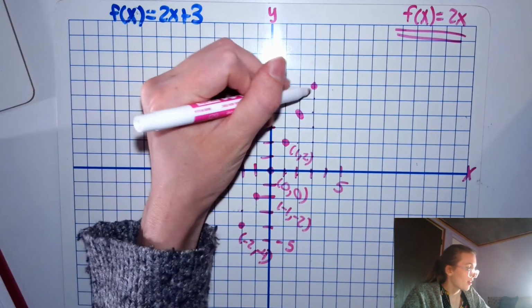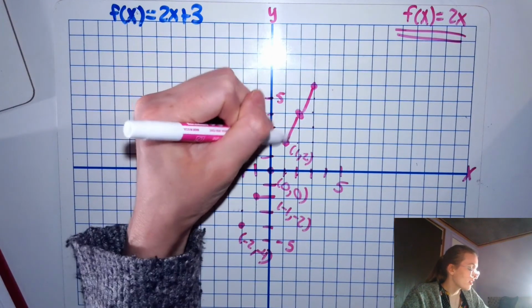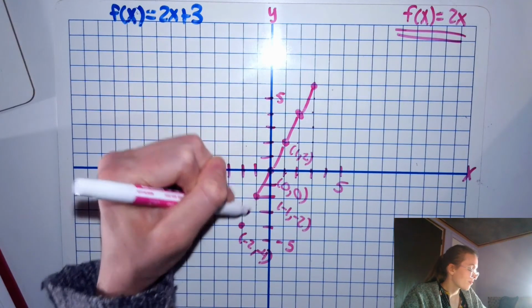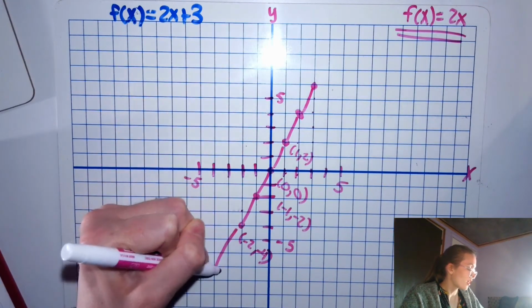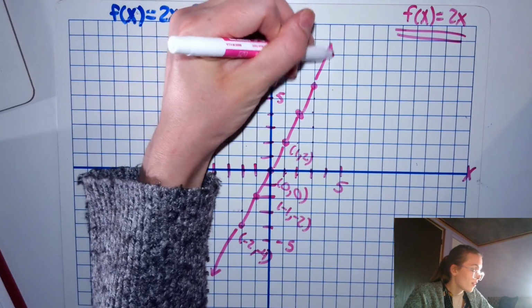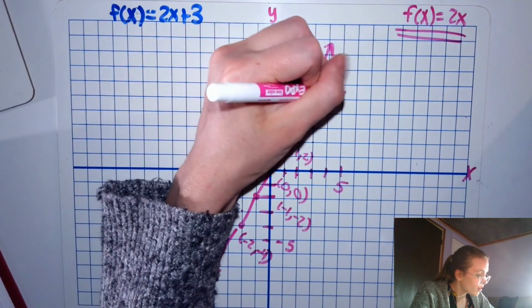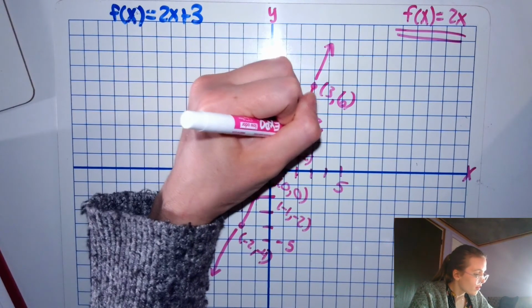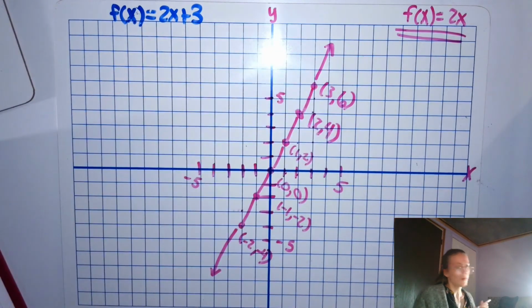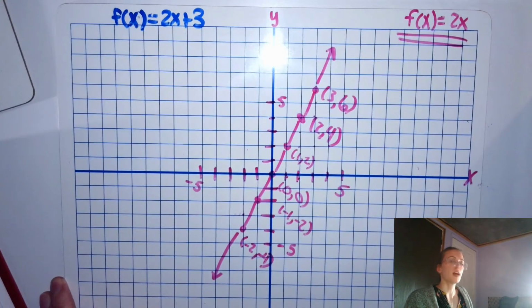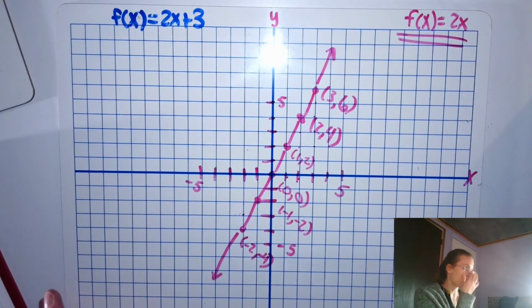Okay, we can draw a line through all these. And that's the line. So hopefully that makes sense, but if not, we've got a whole other one to do, so we'll go ahead and do that.